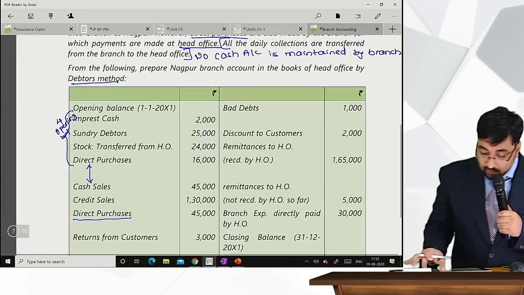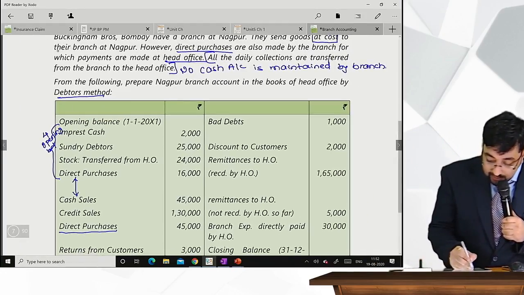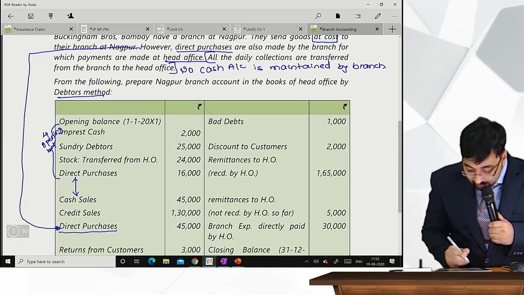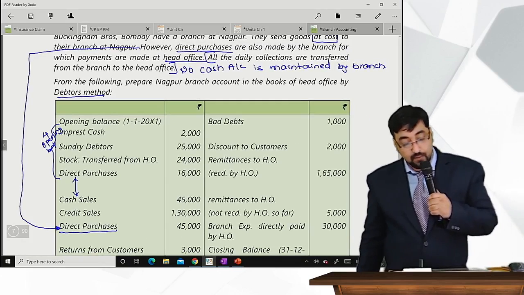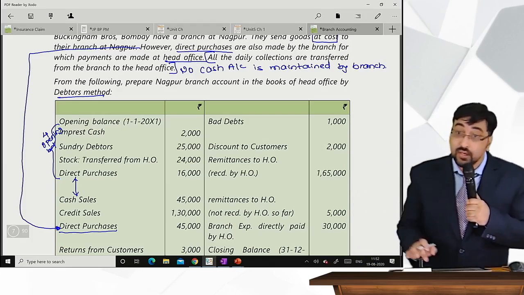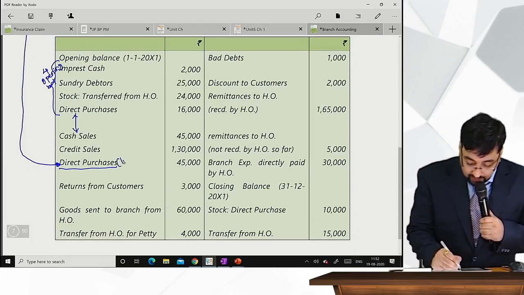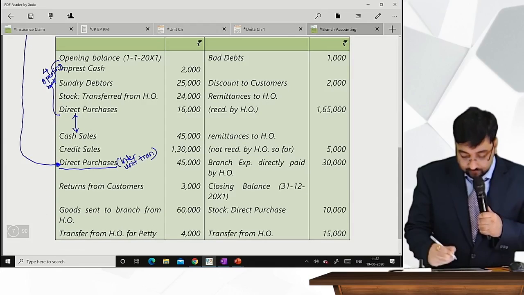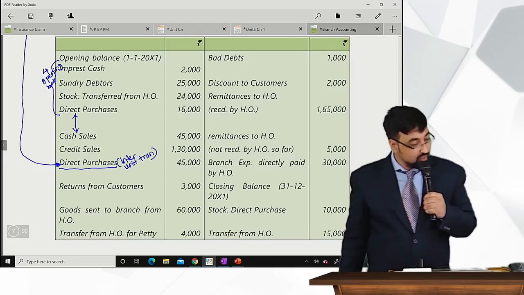Yes. Why? Because you can link this sentence: direct purchases are made by branch, but payment is made by head office. So this is an inter-unit transaction. So you can write here, this is an inter-unit transaction, IUT.